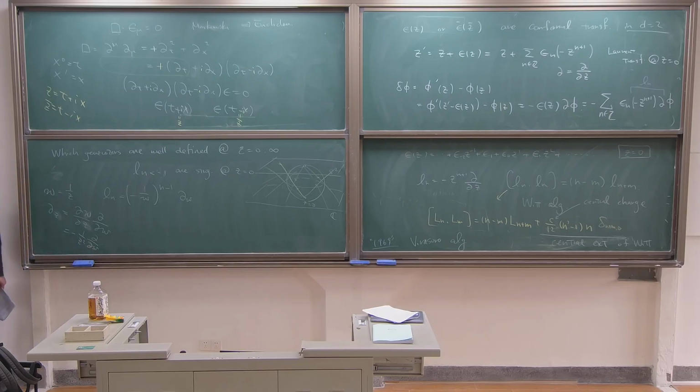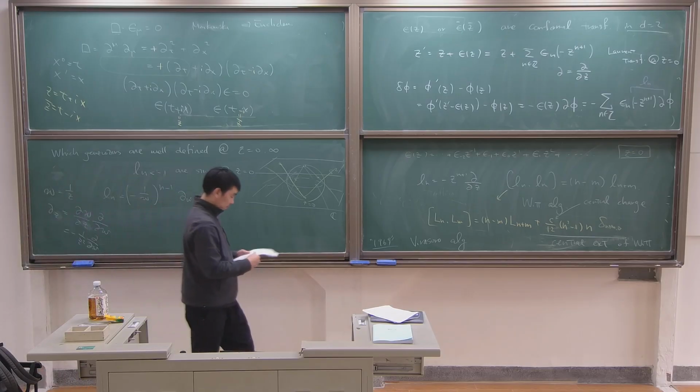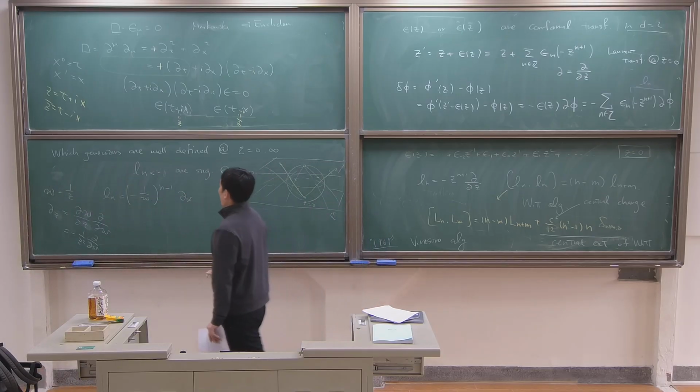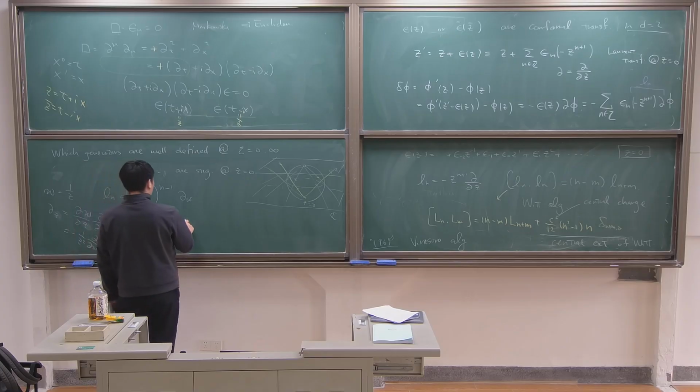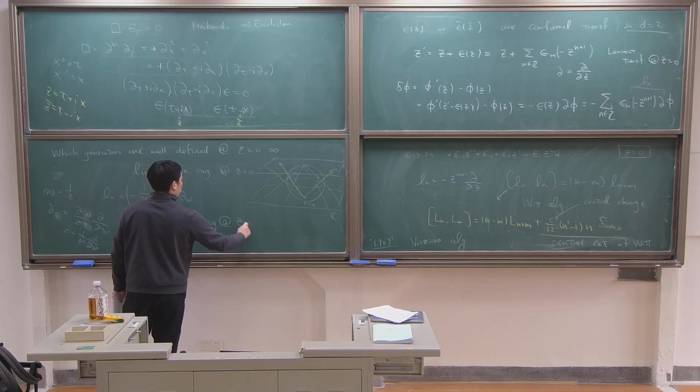Okay. Plug that one into here, and you get this one. So this means that the L_n with n greater than 1 are singular at z equal to infinity.